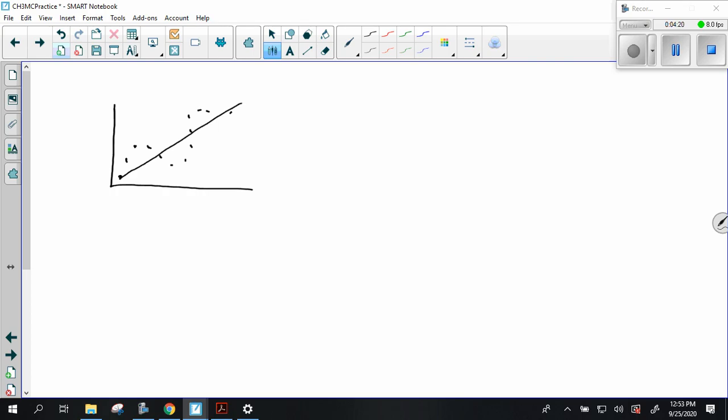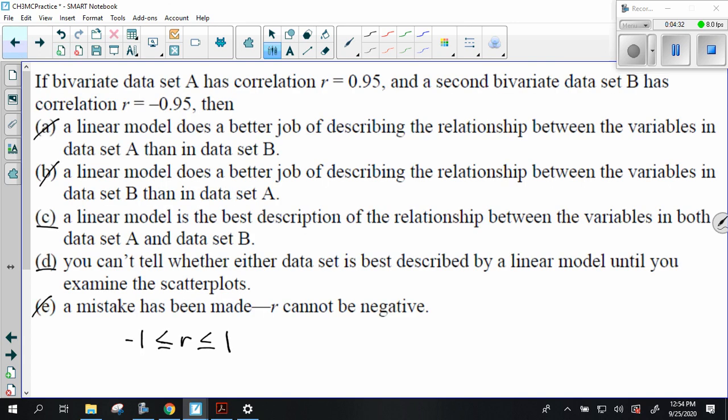And that is not looking linear. So I think there's a chance that the data could be nonlinear and have a high correlation, which means that I'm actually going to take out C and I'm going to go ahead and choose D. All right, let's move on to the next one.